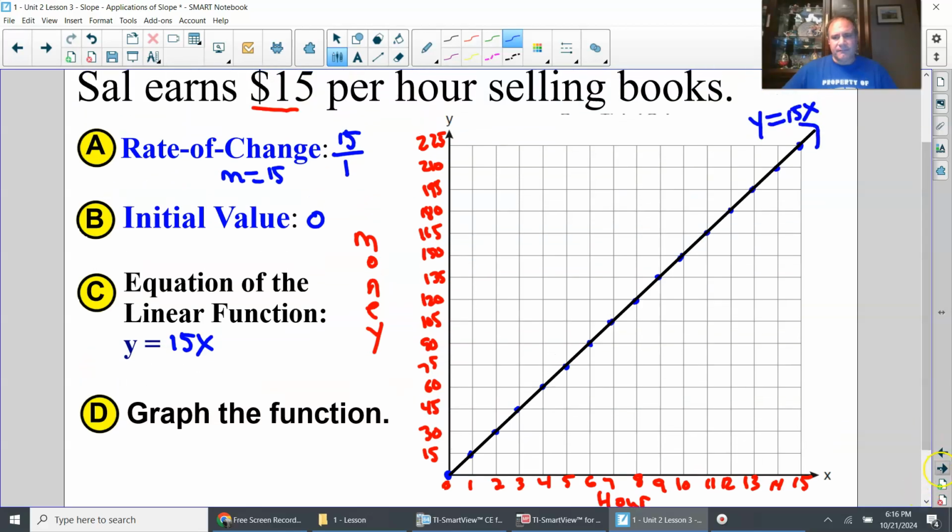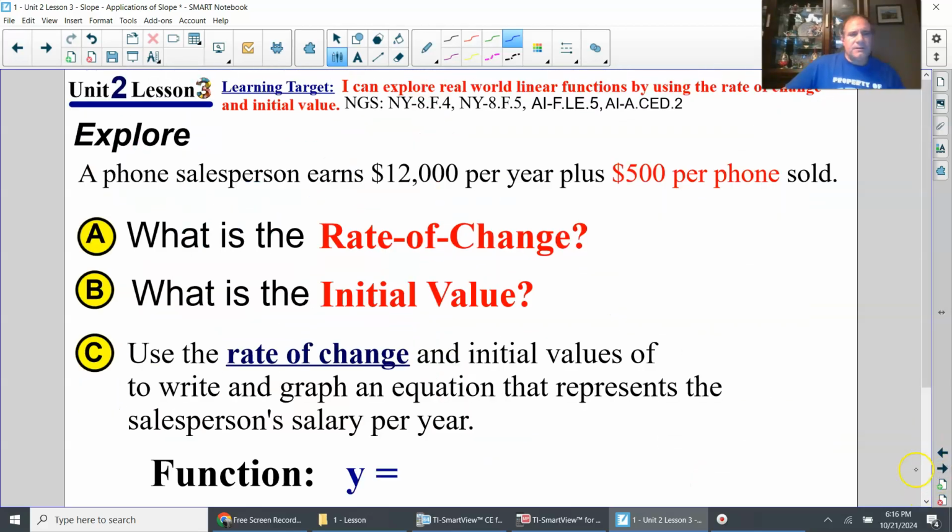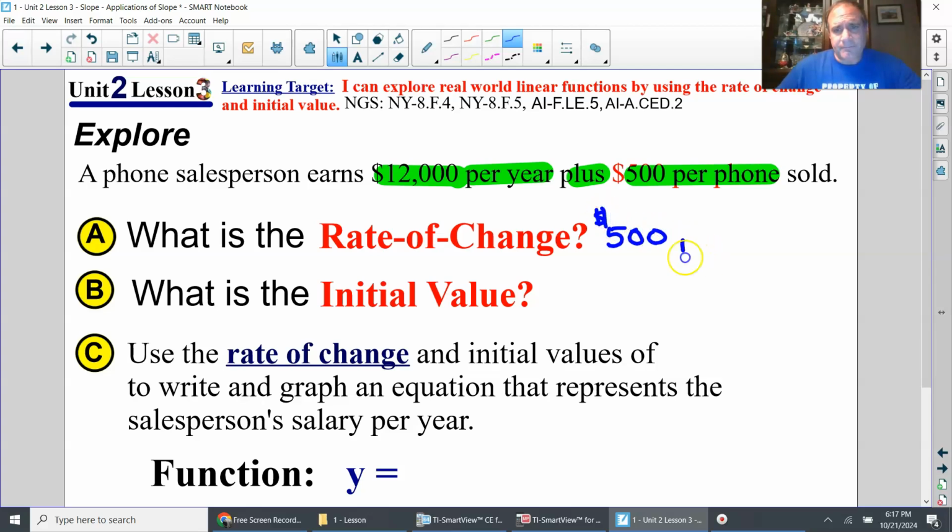That is the graph. For the next one, again, a phone salesperson earns $12,000 per year plus $500 per phone sold. Right? What's the rate of change? The rate of change is the m. It is $500 per phone.